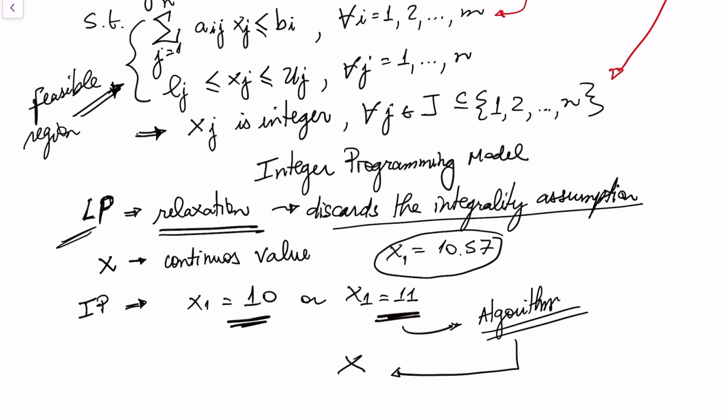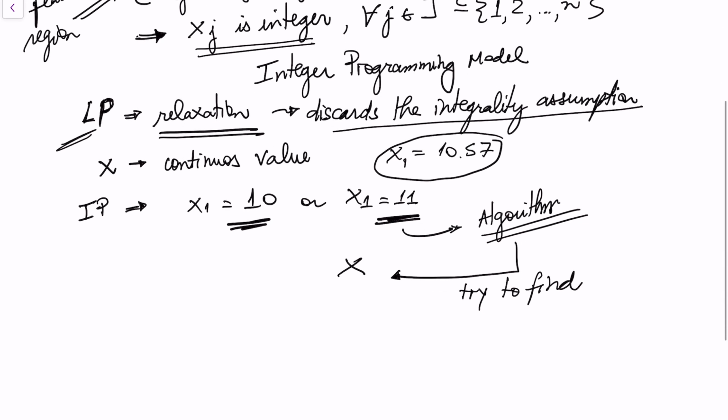So this algorithm will try to find the values for x that will help us to satisfy all the constraints of my model, as well as the integrality assumption for the decision variables. There are different algorithms that do that in integer programming. We're going to look at one of the classical methods called the branch and bound method. So the branch and bound.